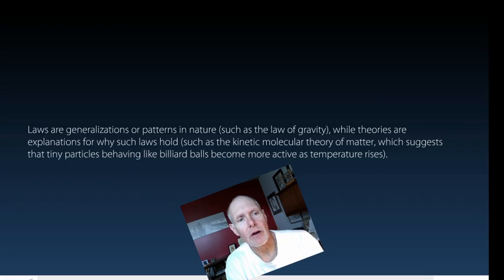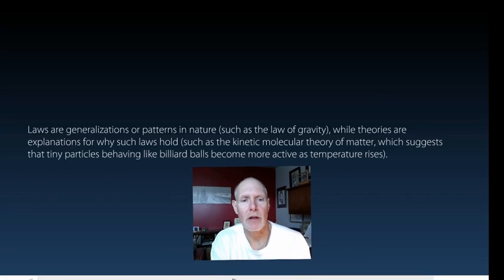But theories are explanations for why those laws hold, such as the kinetic theory of matter, which suggests that tiny particles behaving like billiard balls become more active as the temperature rises. So there's a real distinction between laws and theories, and as you really get into more scientific study, you need to drill down and understand what the differences between laws and theories actually is.